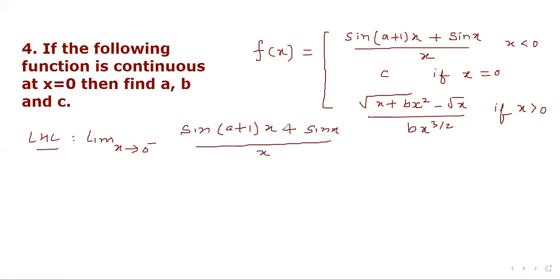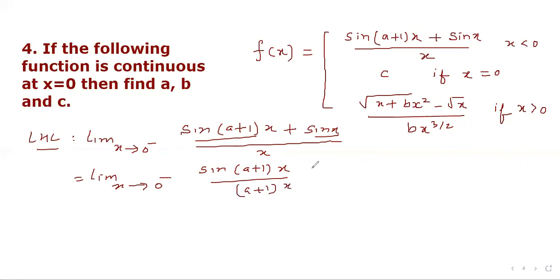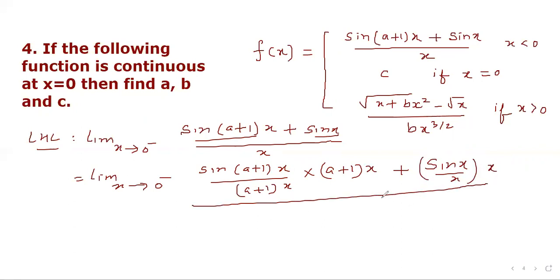Now we will try to make this as 1, this as 1. So limit x tends to 0 minus, this will become sine of (a plus 1) times x divided by (a plus 1) times x, into (a plus 1) times x, plus sine x upon x times x, whole divided by x.